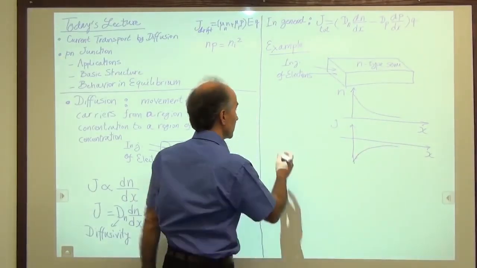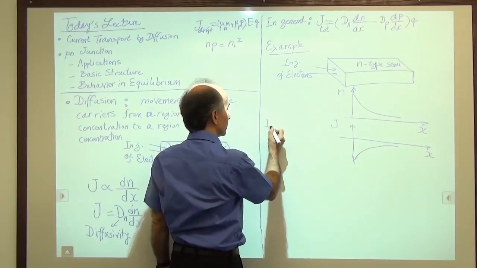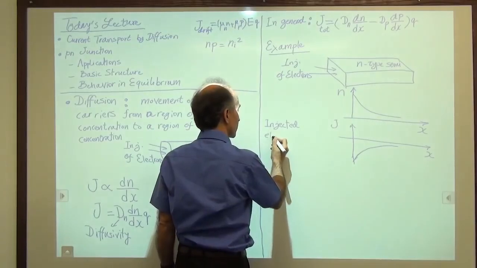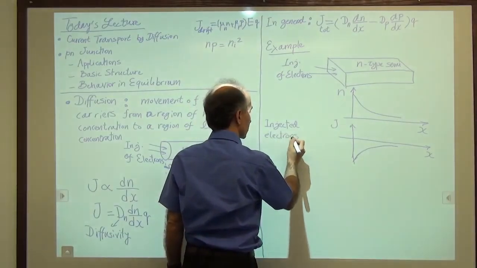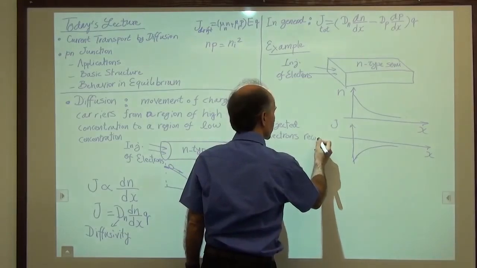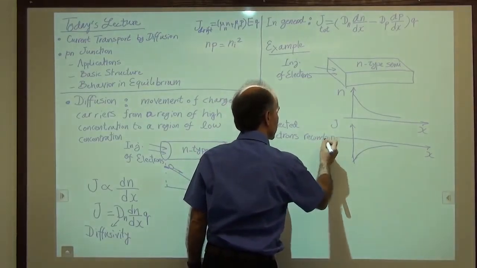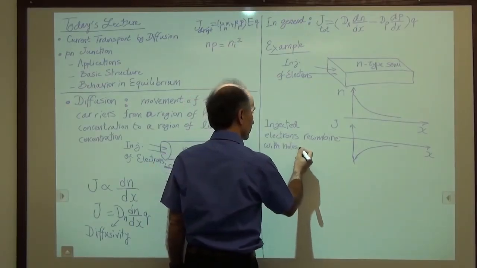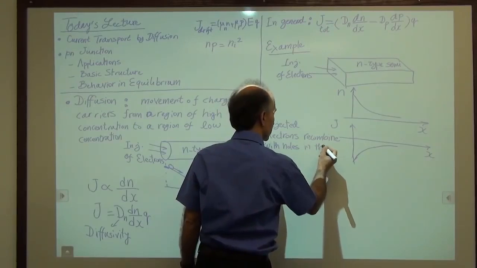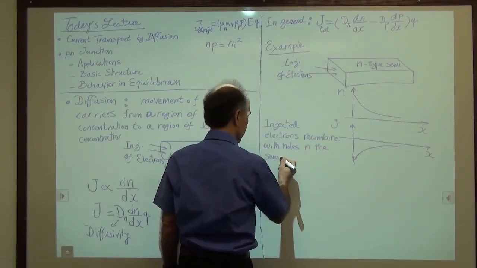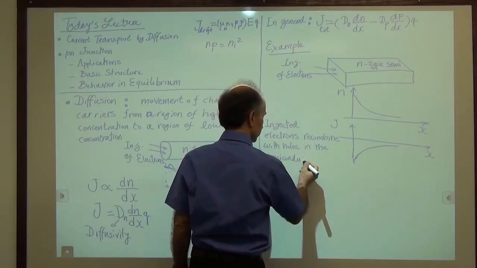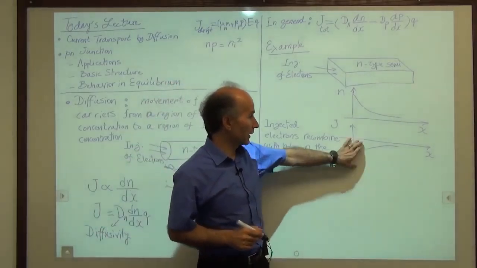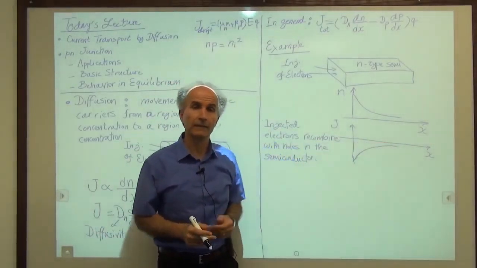So for this behavior, we observe that injected electrons recombine, or you can just say combine, with holes in the semiconductor. And that's why the current decreases as we go farther in.